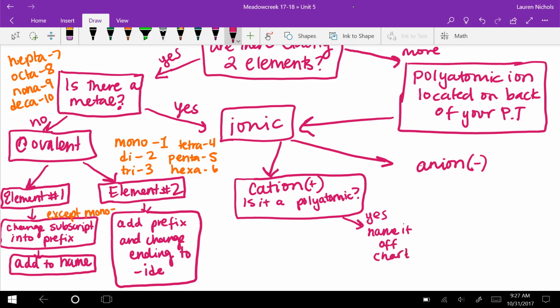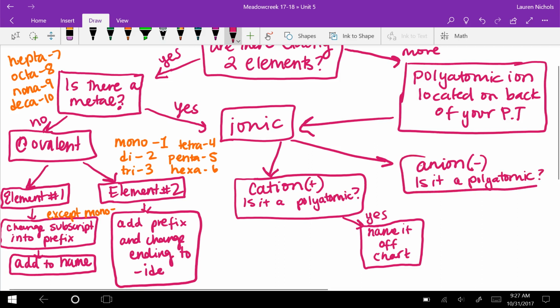You don't really have to do anything to it. Anions have the same question, is it a polyatomic? Because while polyatomic ions are most commonly anions, they can also be cations.